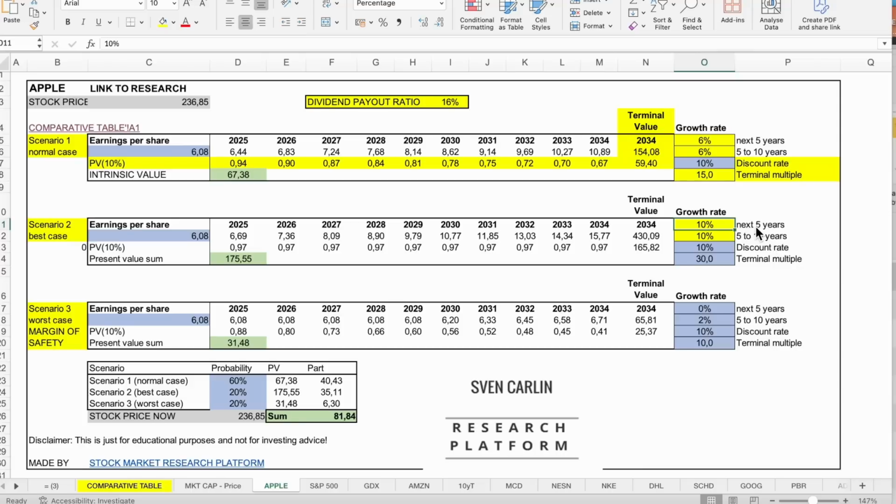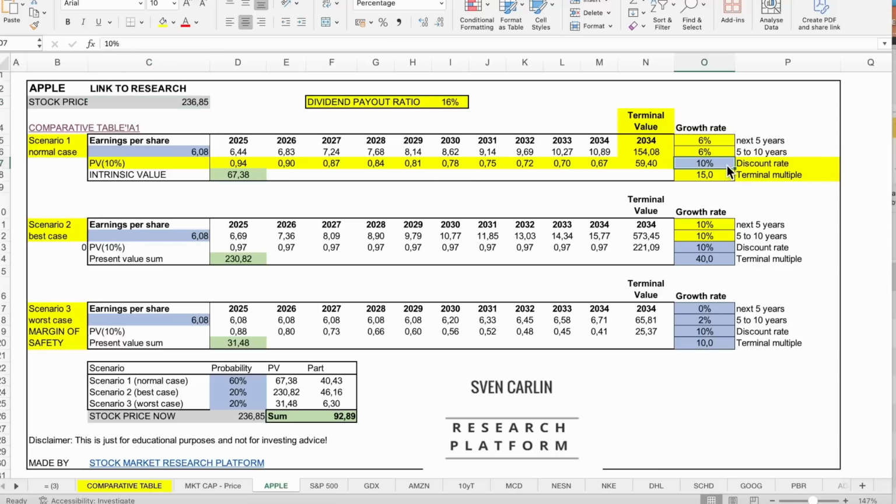Let's see what Apple is worth in the best case scenario, or what I like to do is to put here, okay, what is priced in the business now? If I use a discount rate of 10%, terminal value of 40, then that's exactly it. 10% growth rate in earnings, 10% discount rate, 40 terminal multiple, and the present value sum explains the current stock price.